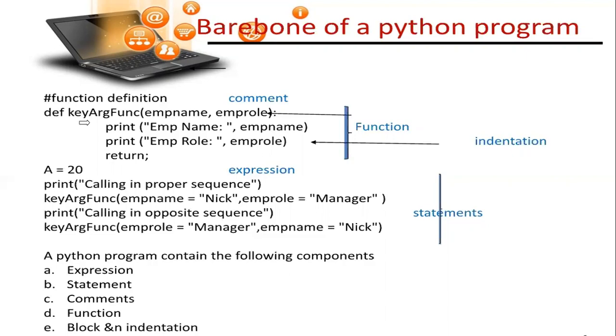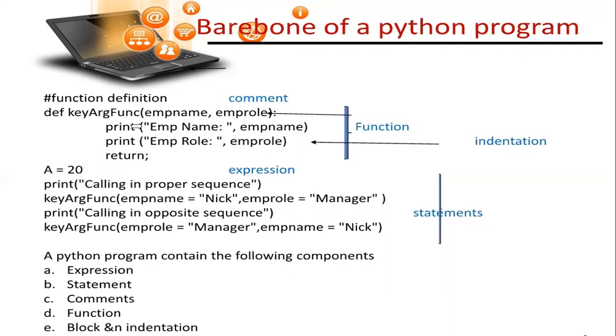So this word here, key func, this is the name of the function. In the brackets over here, emp name and emp role, these are the parameters or arguments that we will need for this function. Now look here, can you see this area? We have left some indent here and then we have written this.